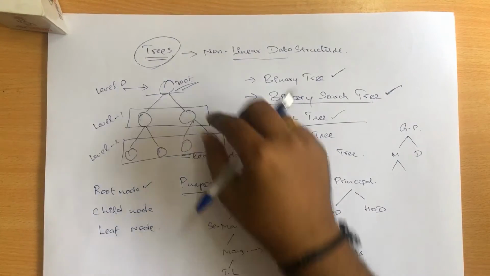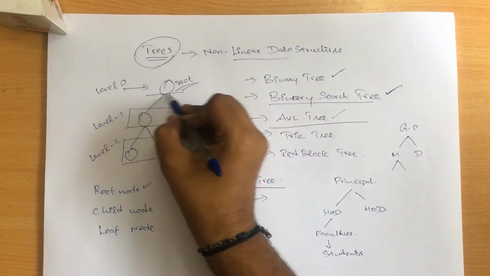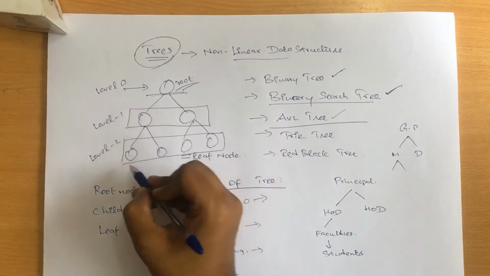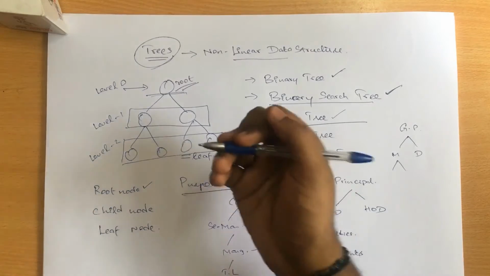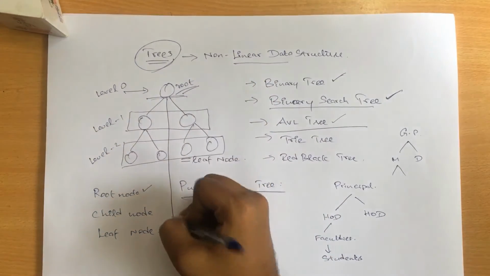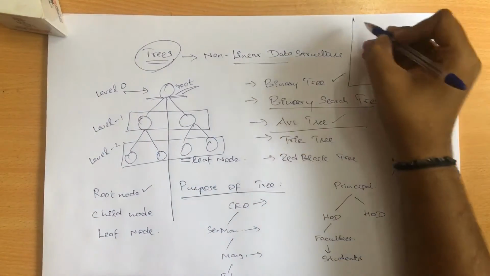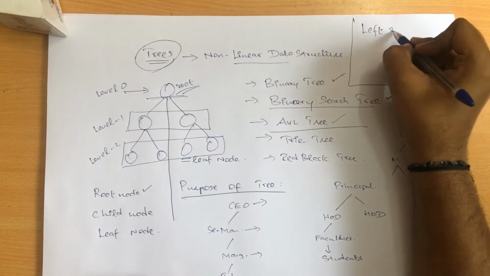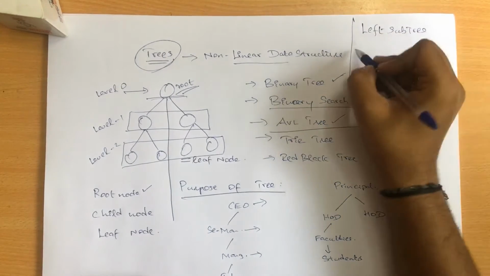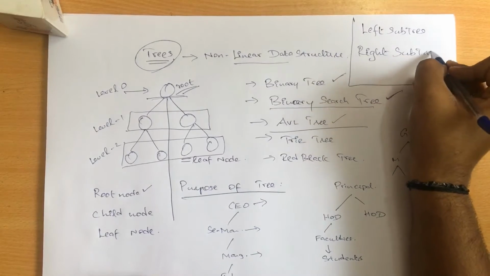And we have also learned about the first part, that is we have certain levels in a tree. So the first one constitutes level 0, then level 1 and level 2. And again we have to focus on one more thing, that is a tree actually has 2 subdivisions. One is the left subtree and the other is the right subtree. I'll write it here: left subtree and right subtree, right?